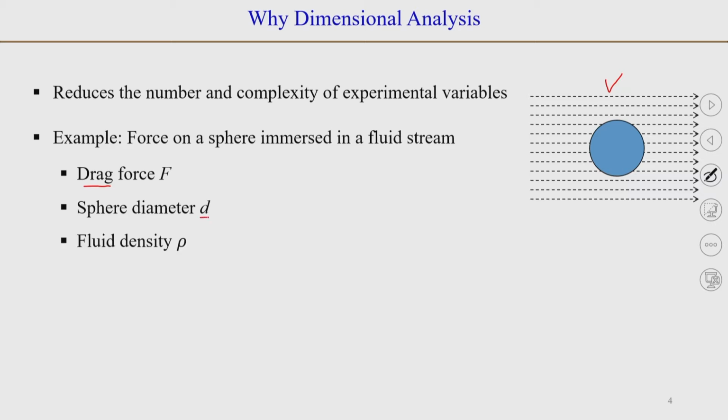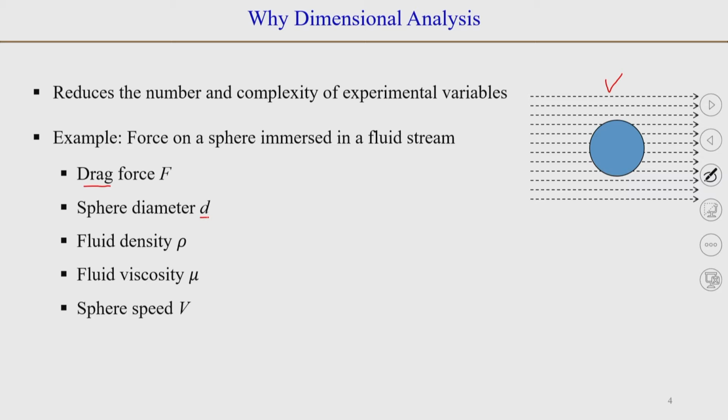Then the density of the fluid. So, fluid properties: rho, and viscosity of the fluid, mu. This is the dynamic viscosity of the fluid, and the sphere speed or the relative velocity between the fluid and the sphere. So, there can be different problems related to it. We can have a sphere moving in a quiescent fluid, or a sphere which is stationary and the fluid surrounding it is moving, or both of them are moving.